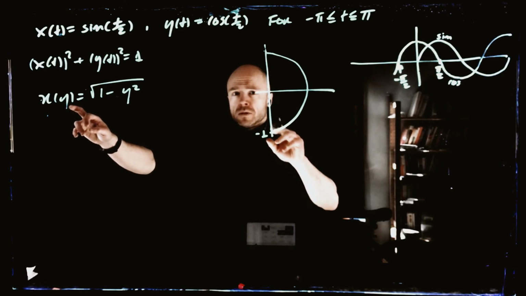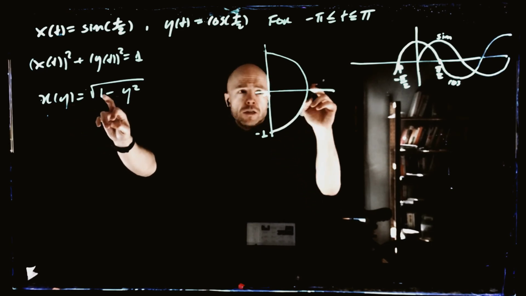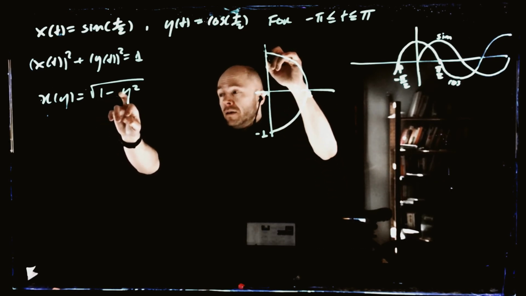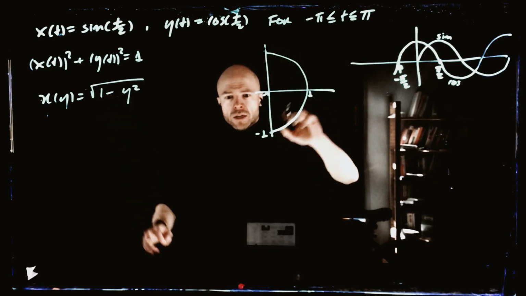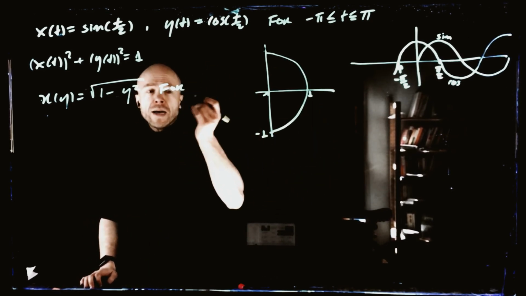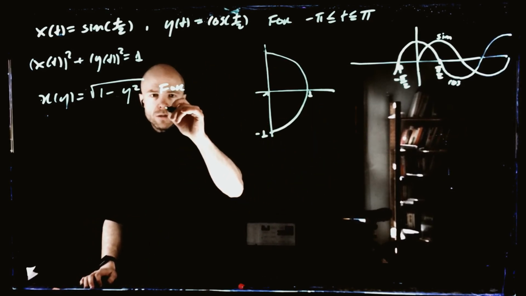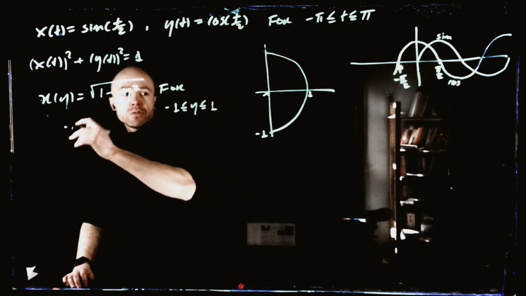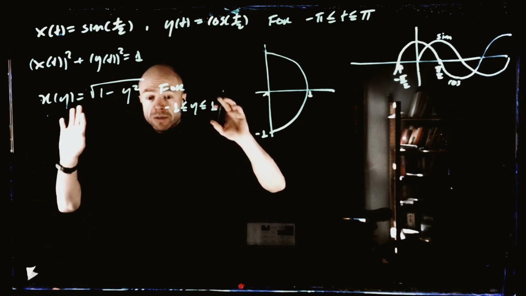When y is equal to 0, which is here, then x is equal to 1, which is what we see, right? And when y is equal to 1, then x of y is equal to 0. So this thing for y, which is between minus 1 and 1, is now describing exactly the same set of points, but now it's a Cartesian equation.